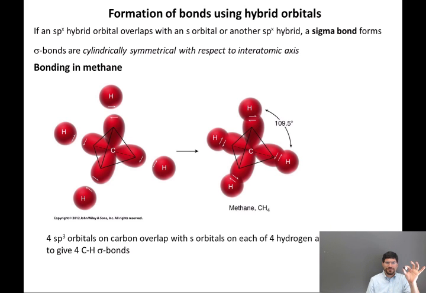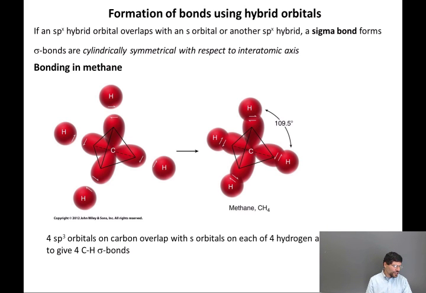If I look at this bond on end, you can see the hydrogen atom, you can see the carbon atom, but you don't see any bonding electrons protruding above or below this axis. You will just see the hydrogen atom in front of you, the carbon atom behind you, and all the bonding electrons are along that axis.